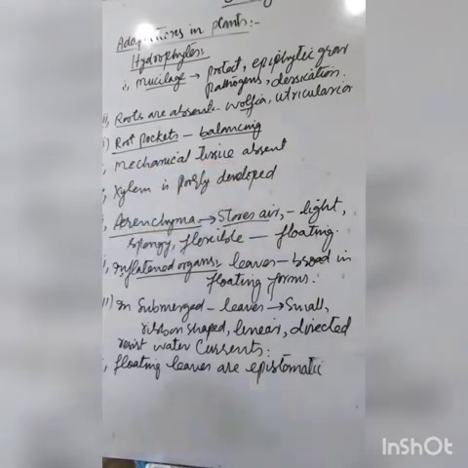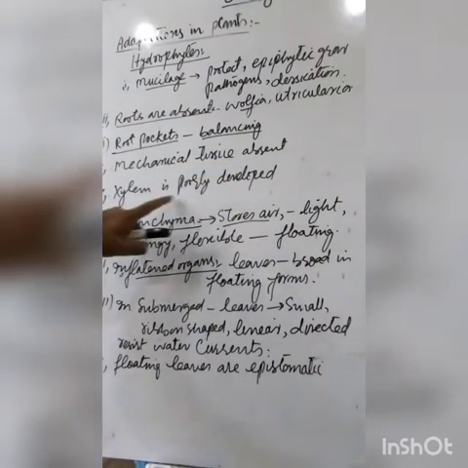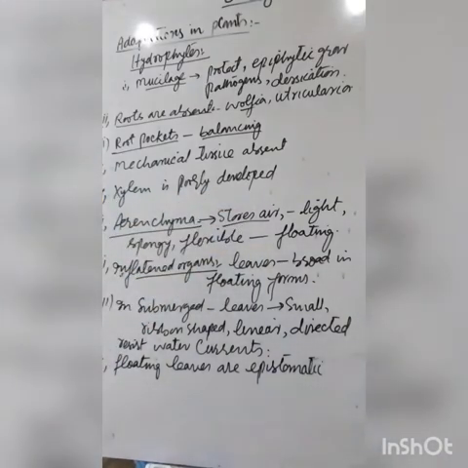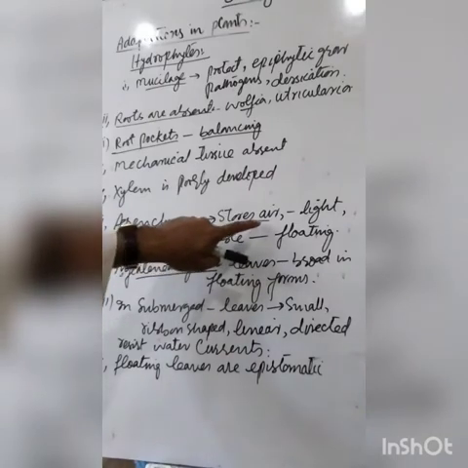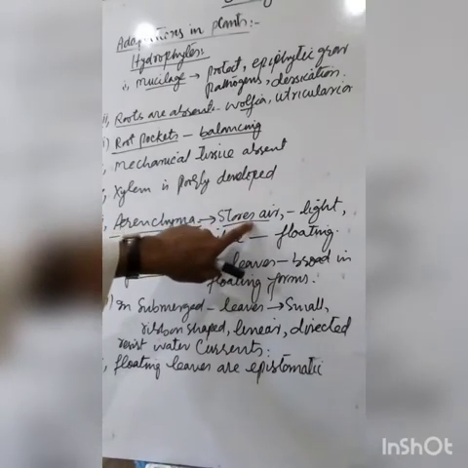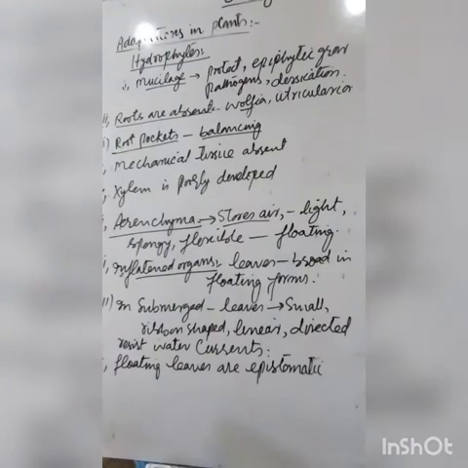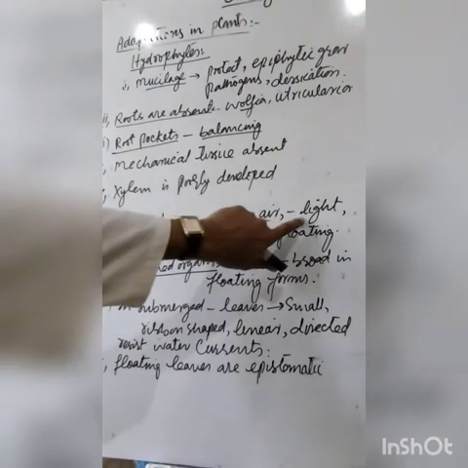The mechanical tissue is absent in hydrophytes. Xylem is poorly developed. They need less transport of water because they live inside the water. Parenchyma has large intercellular spaces that store air, and this is light.